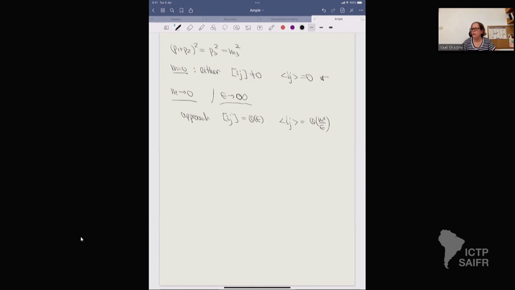Okay. So the first amplitude I want to look at is the one that's central to non-abelian gauge theory, and that's the case of 3 spin-1 particles.